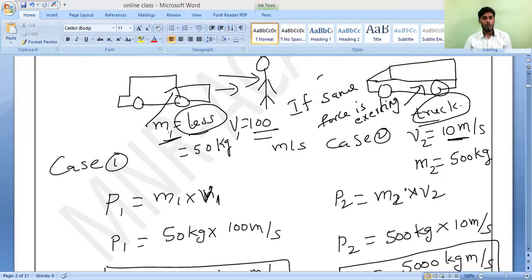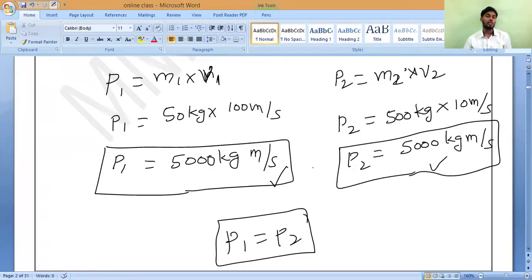That is what we should understand first. Even though the mass is different, one is a heavier object and another is a lighter object, when the same force is acting at the same time, that is also important, then the light body attains a higher velocity than the heavy one.